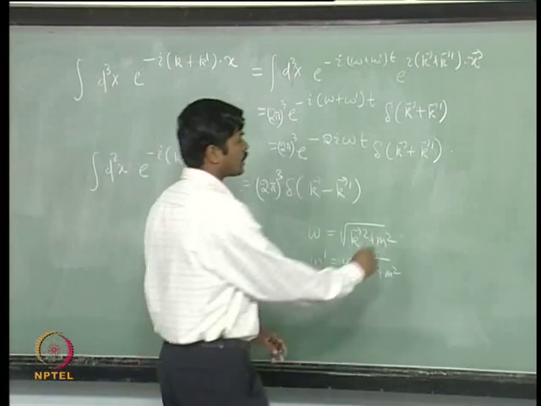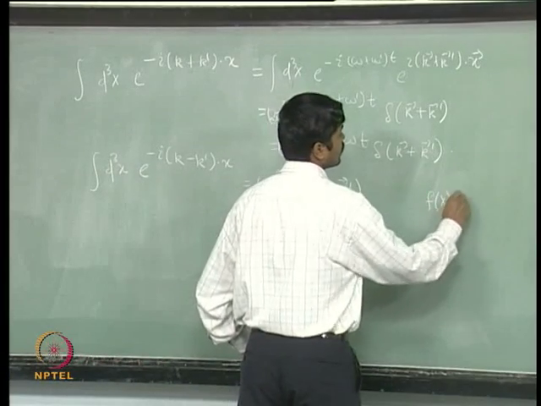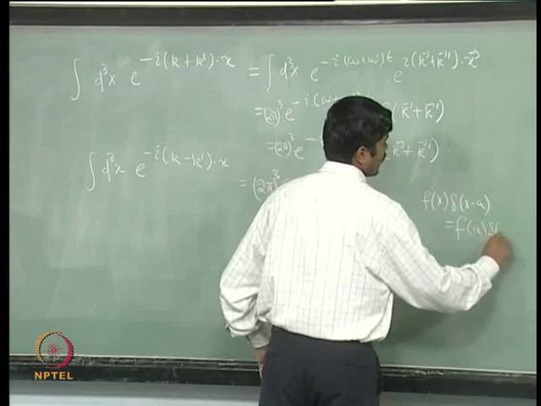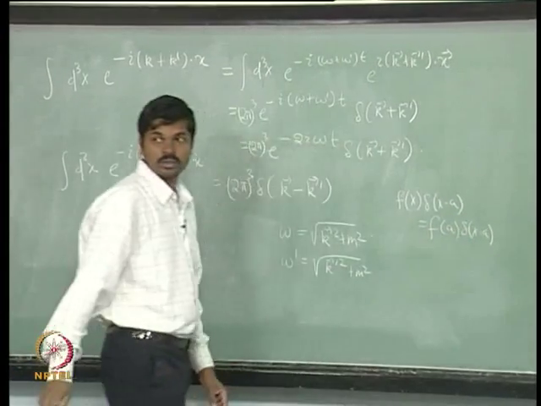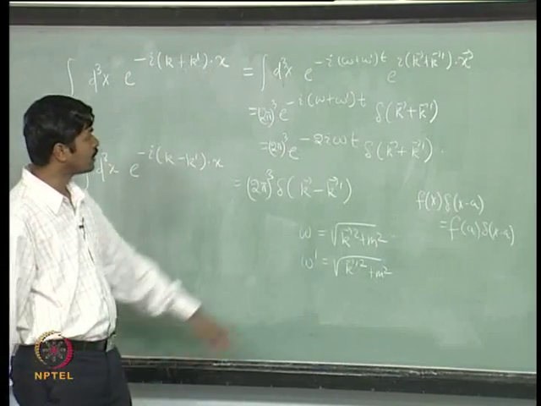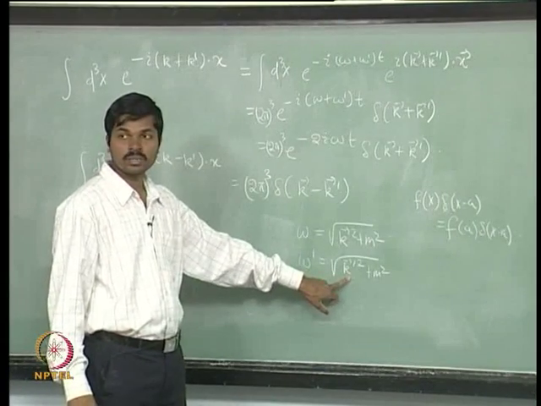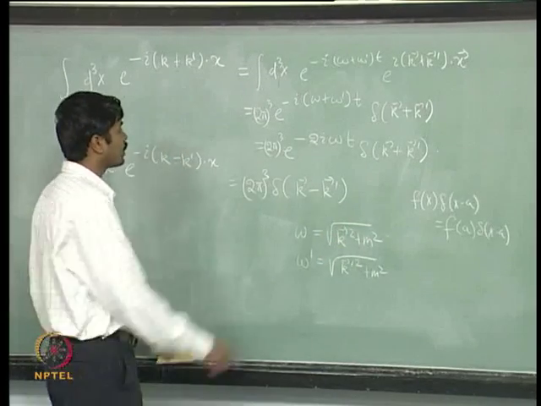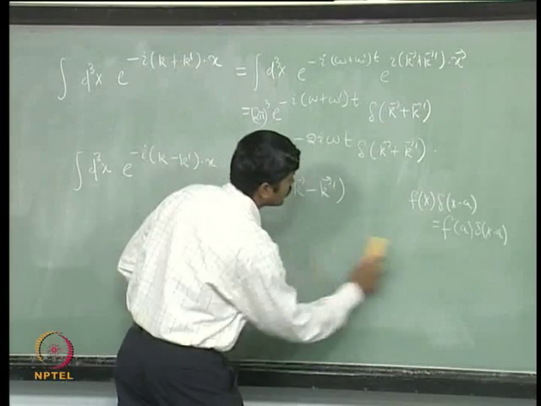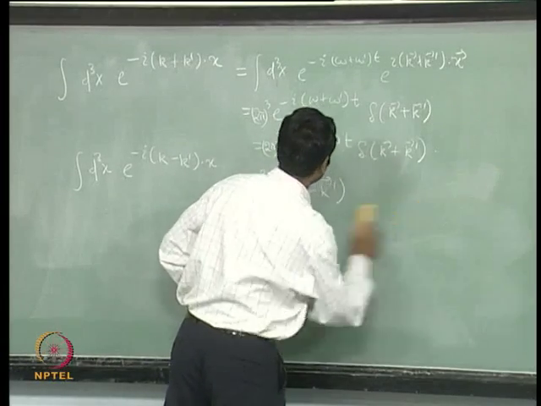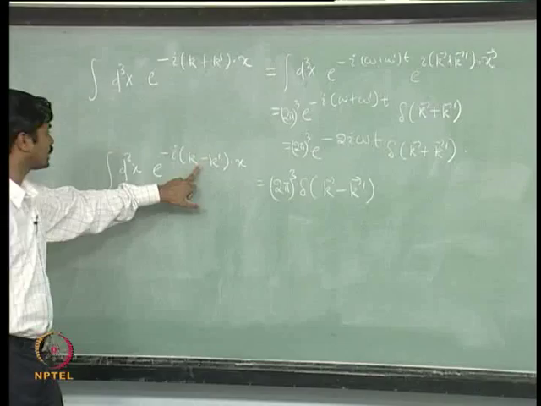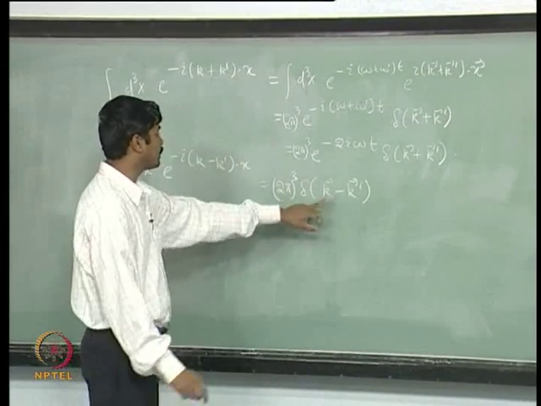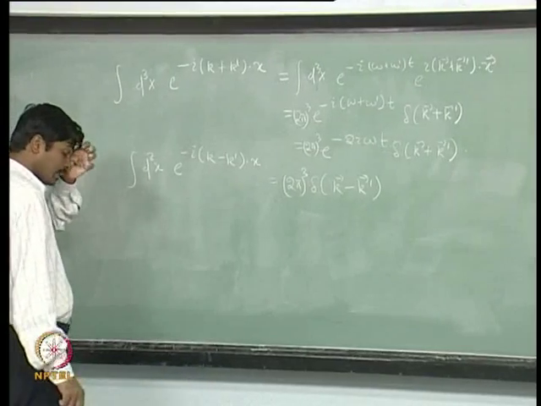Now you use the expression f of x delta x minus a is f of a delta x minus a. So, that will simply give, because there is a square involved here, k prime square you can simply replace by k square, and that will give me 2. On the other hand, here because there is a minus sign, omega and omega prime will cancel and you will get simply 2 pi cube delta k minus k prime.